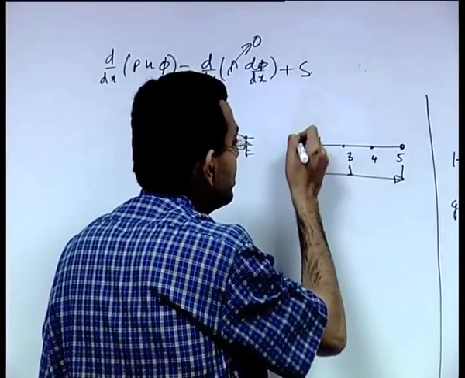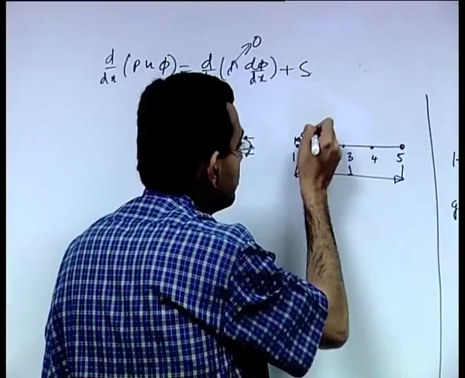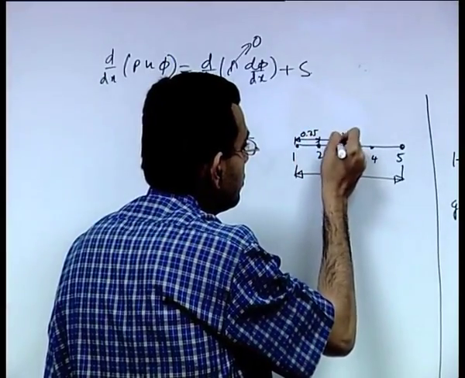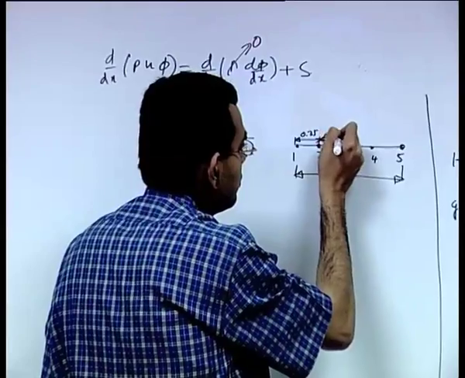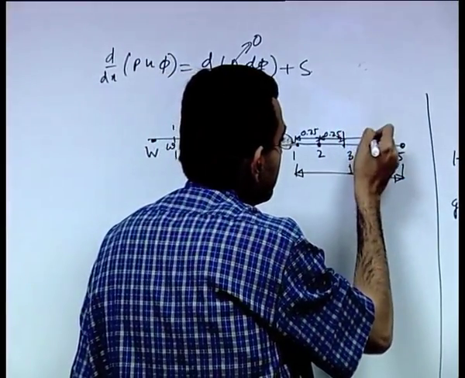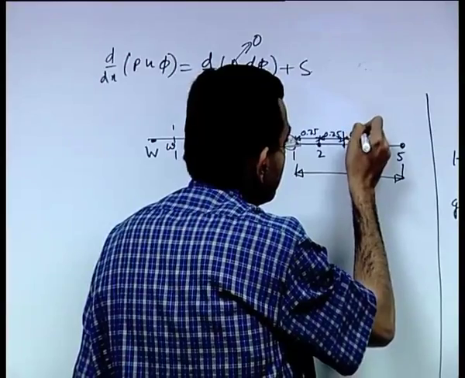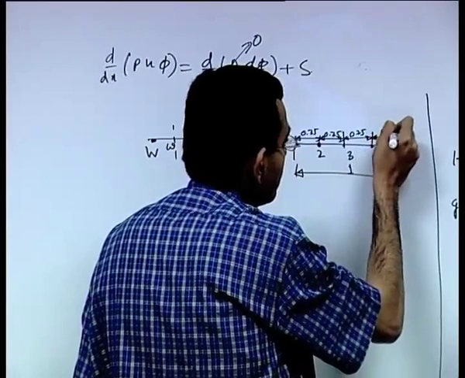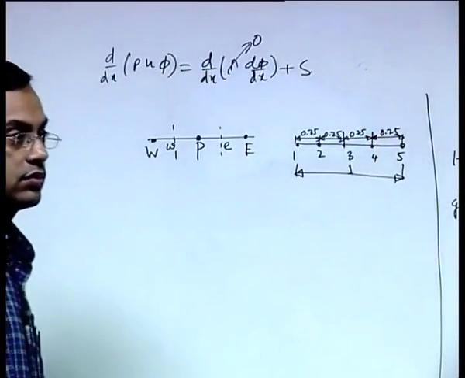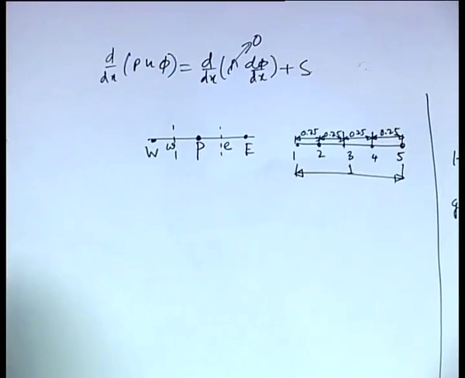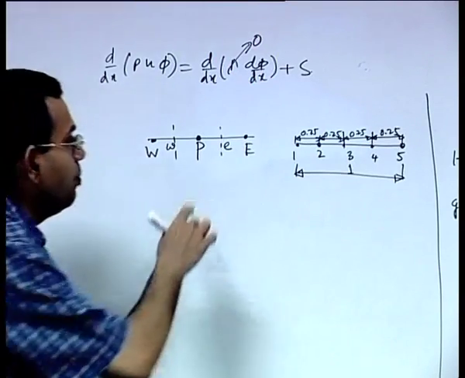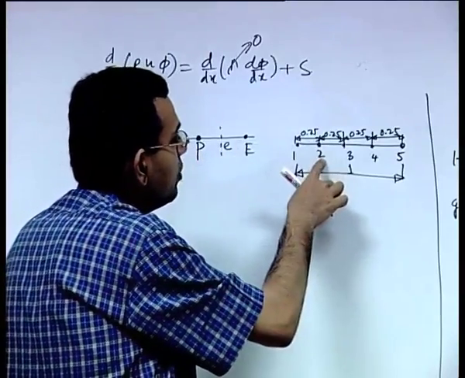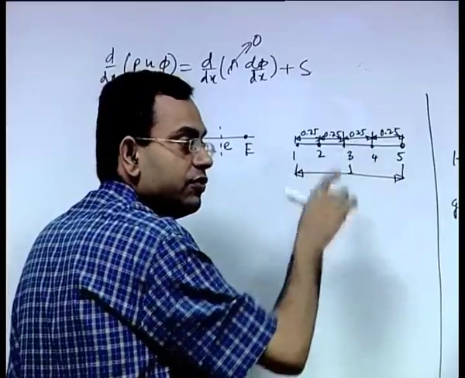So individually these are 0.25. So this point P is a representative of any of the interior grid points, say 2, 3, 4, whatever.